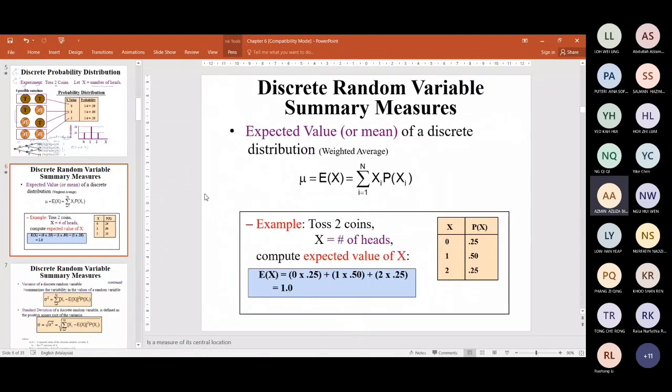Okay, next one. From this discrete distribution, we can also find the mean, the variance and the standard deviation. So how do you find the mean, or in this case we call it the expected value, but they are actually the same. Mean and expected value are the same. The formula is mu equal to E(X). E is for expected, X is your event.